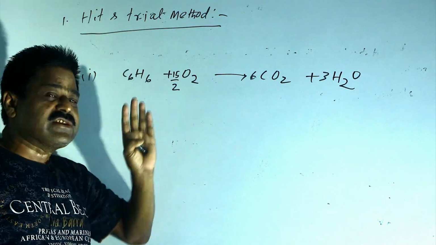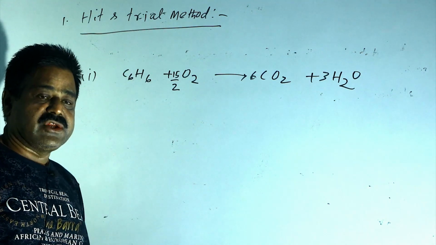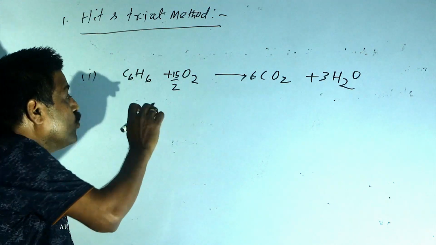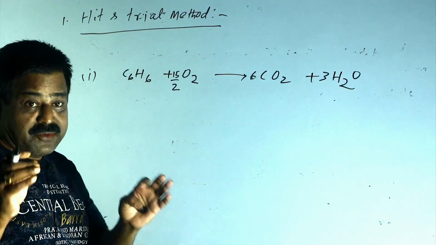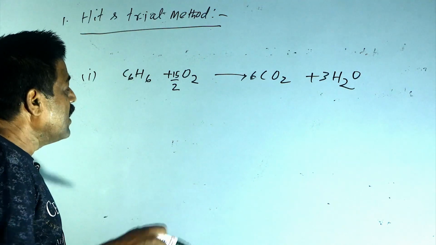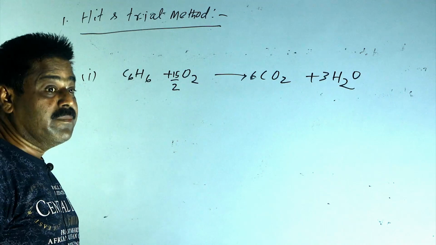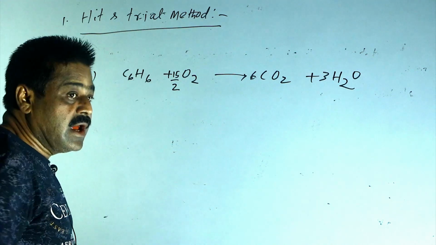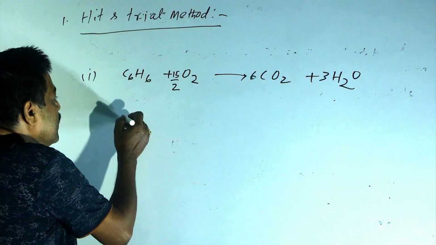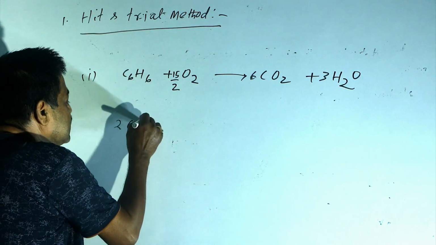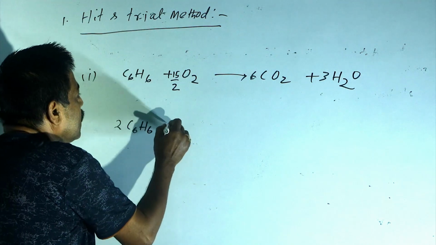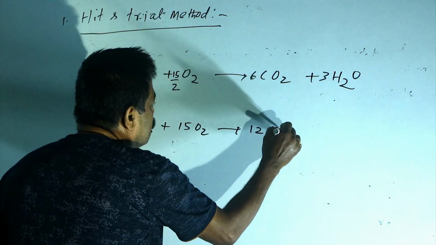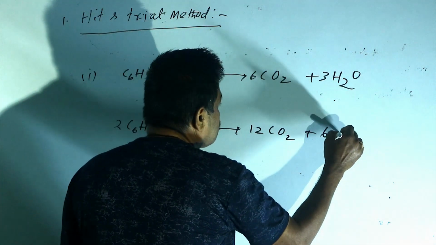No fraction can be given in a balanced chemical equation. To overcome that, we have to multiply everything by 2. If we multiply by 2 in all, then this fractional number will vanish, and we get a whole number integer before all the molecules or formulae. Here 2C6H6 plus 15O2 gives 12CO2 plus 6H2O.